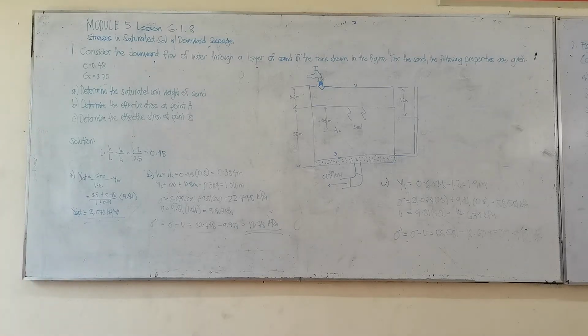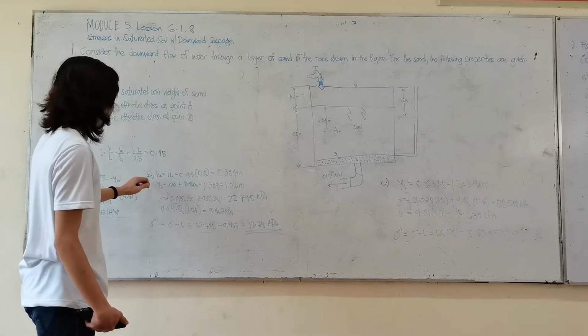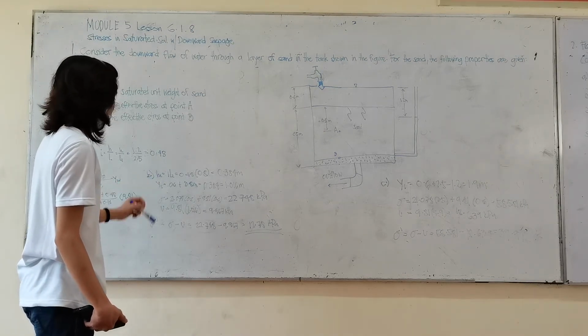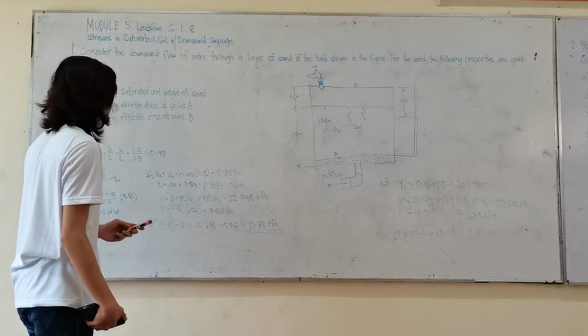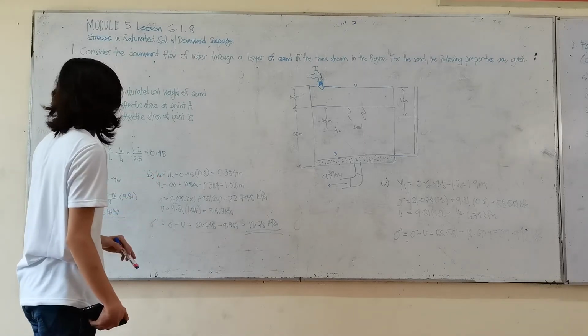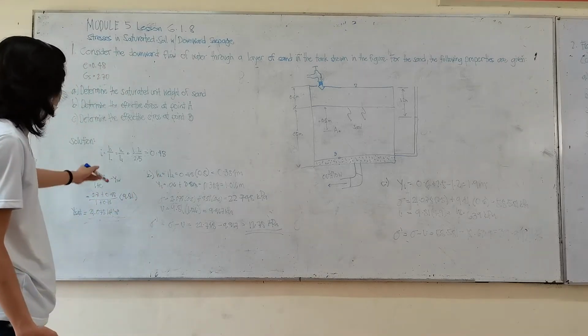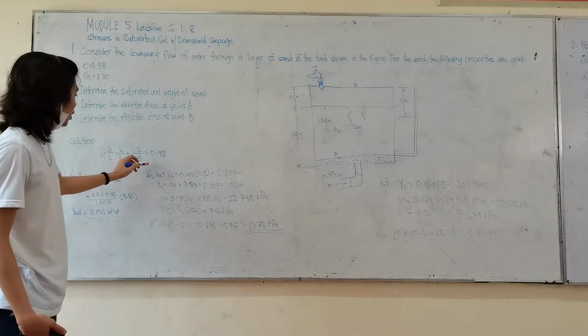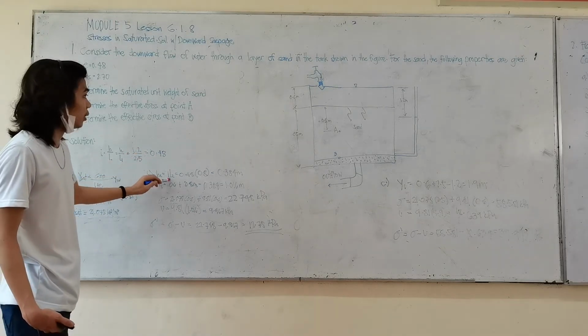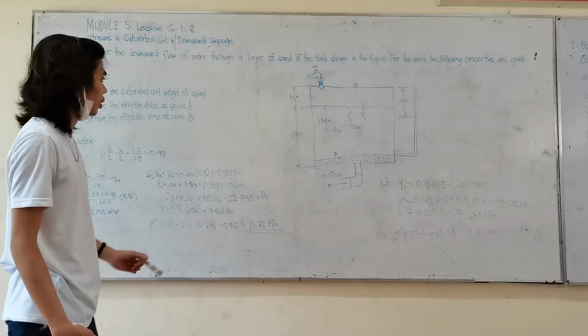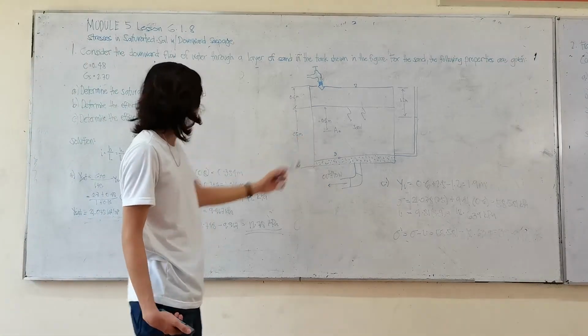So for letter B, determine the effective stress at point A. We need to look first for h2, and we have a formula of i times L2. We have i here that we have solved earlier as 0.48, and we have L2, which is 0.8 as shown in the figure.